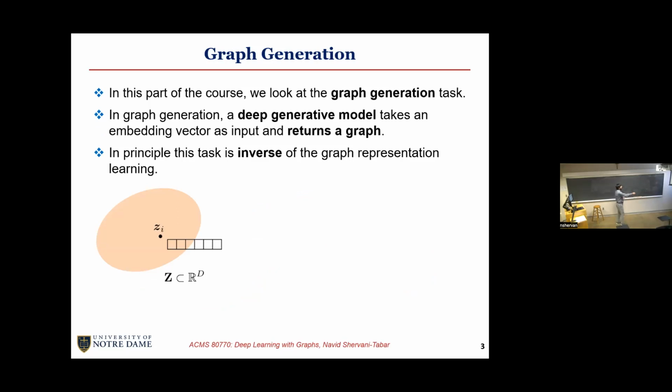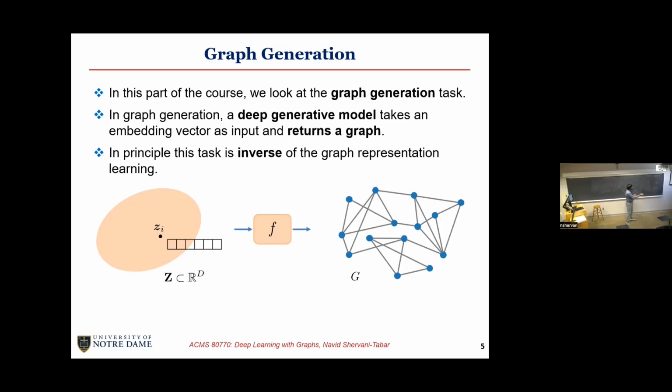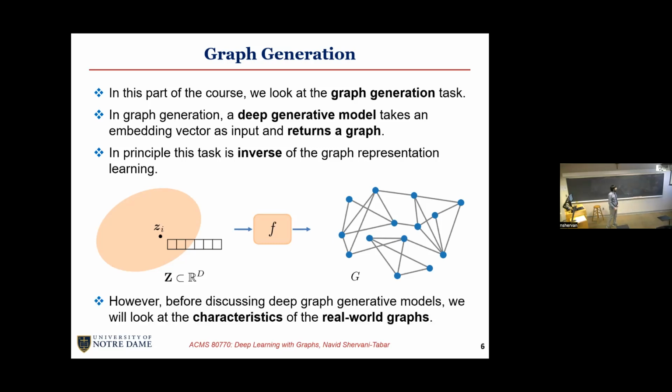So let's say I have some embedding, I call it Zi, a d-dimensional embedding vector. I pass this to some generative model, and given this embedding, I want to construct a graph, G. This is the task we are going to look at for the next few sessions.